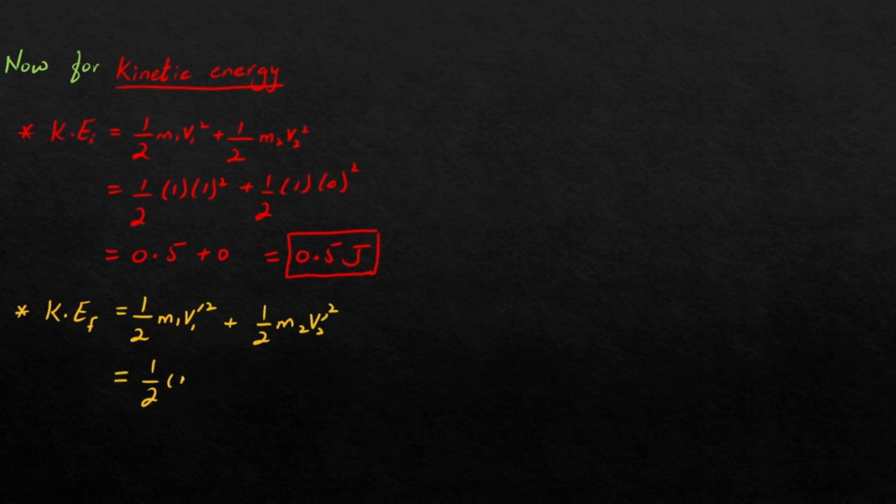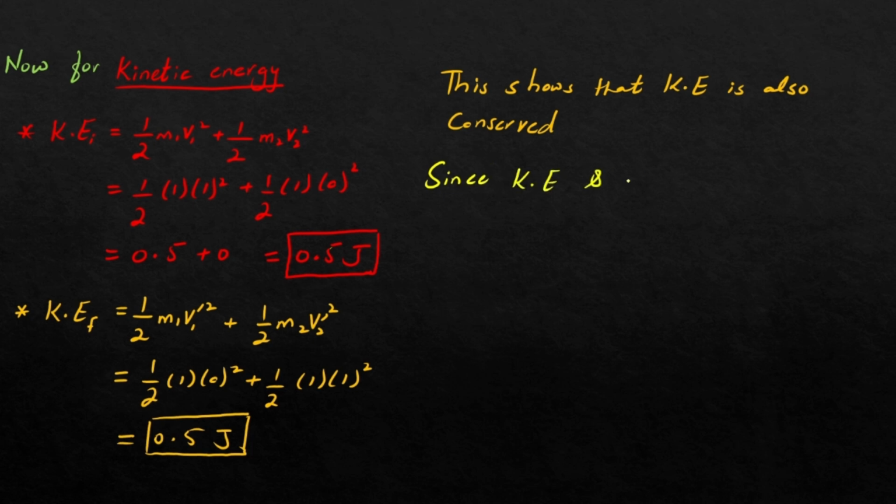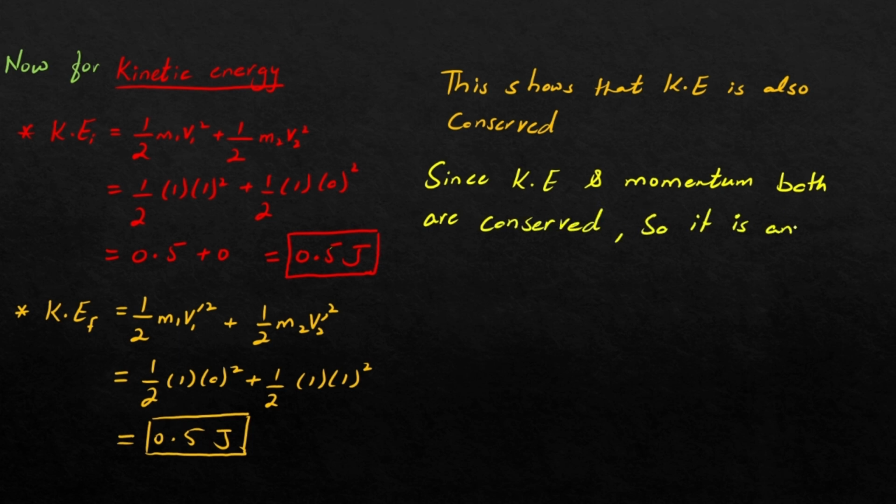By putting values in this formula, we get 0.5 joule. As the initial and final kinetic energy are also the same, we say that the kinetic energy is conserved. Since kinetic energy and momentum are both conserved, it is an example of elastic collision.